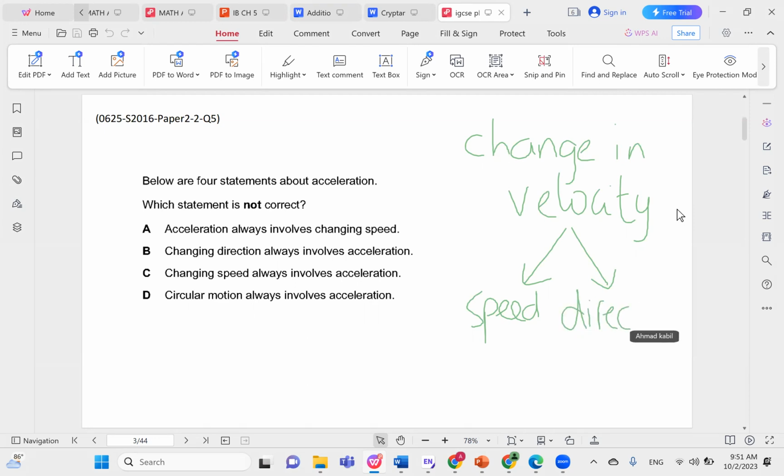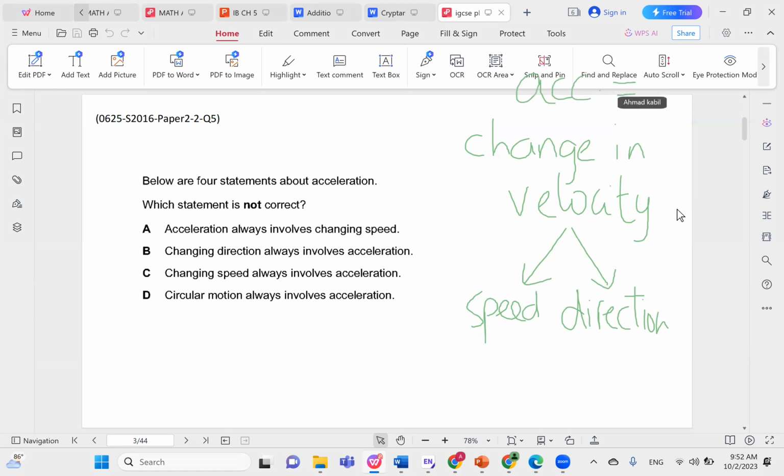So if I say I'm moving at 100 kilometers per hour, this is my speed. If I say I'm heading to the north at a speed of 100 kilometers per hour, then these 2 pieces of information together constitute what we call the velocity. So velocity contains speed and direction. So acceleration is the change in velocity.